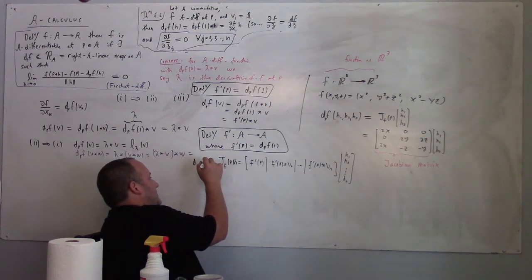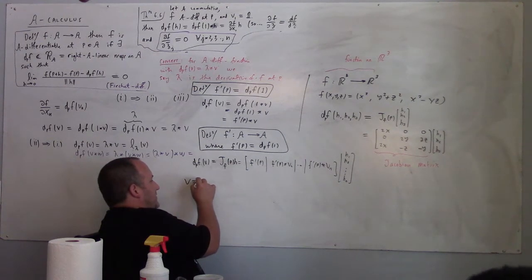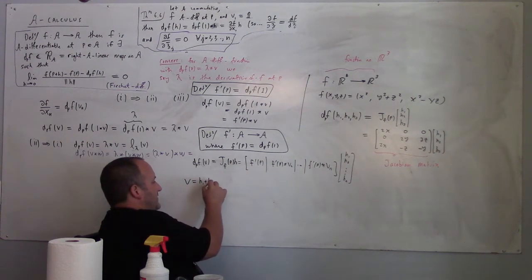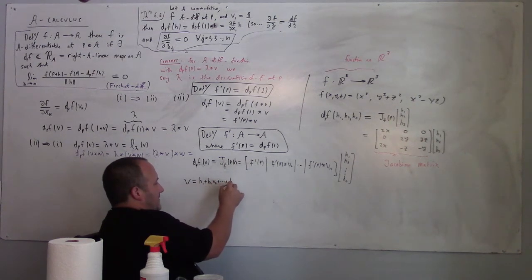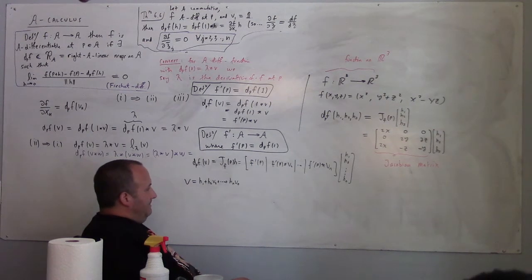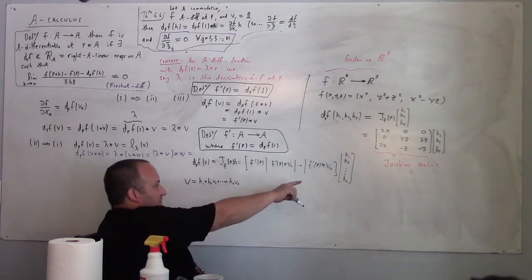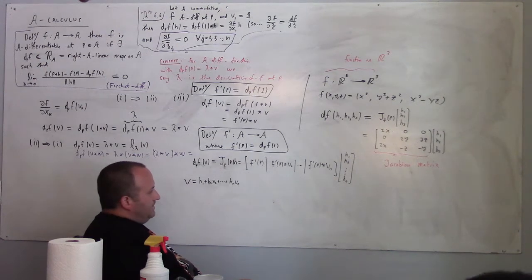Oh, I'm really getting into the weeds here. dpf of v equals this, where v is equal to h1 v1 plus h2 v2 up to hn vn. If you feed that v into the differential, then you can write it as this matrix product because of the Cauchy-Riemann equations, of course.